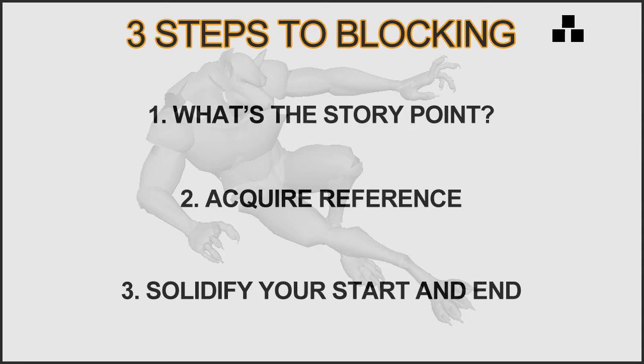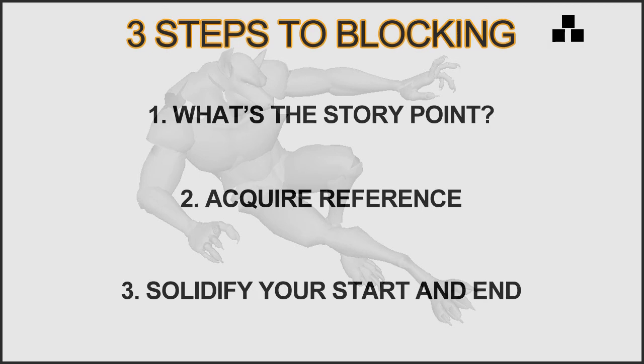All right, so then that brings us to our last step, which is to solidify our start and end pose. This is very important when we're working with a shot camera. We need to make sure that our character will always remain framed properly. So if we figure out our start and end, this will help us make sure that all poses we add in between will always stay set to the camera framing that has been decided.